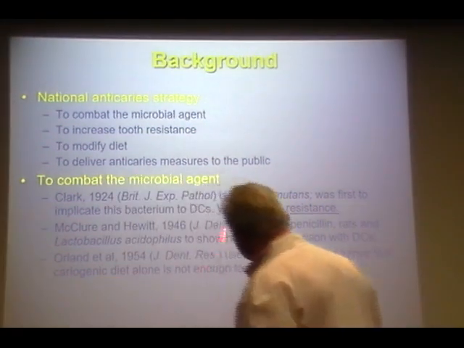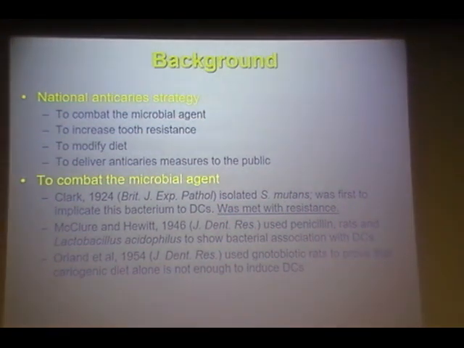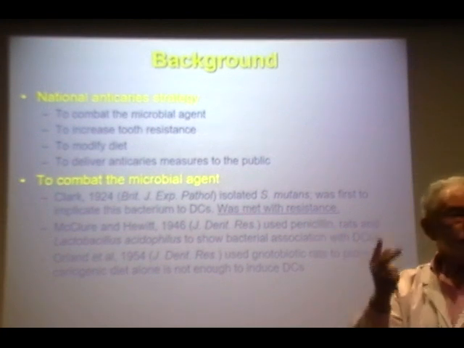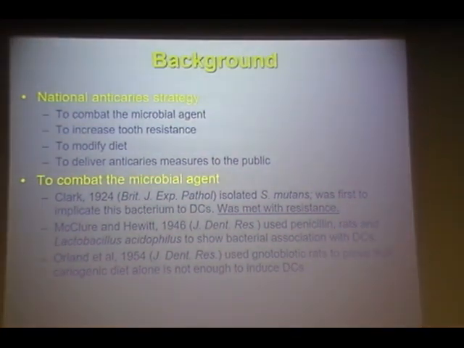All right? So these are stepping stones of findings that indicated that, most importantly, you need bacteria, you need the right kind of bacteria, and you need substrate, and that is sugar. You put those things together, and you'll get caries. And if you treat them with an antibiotic, you'll reduce the incidence of caries.